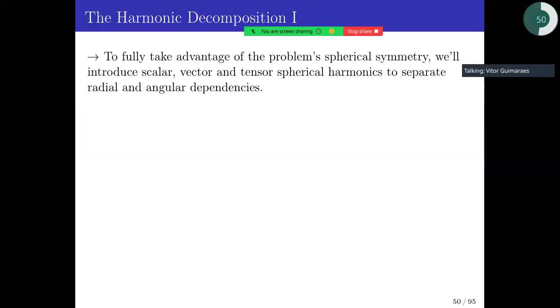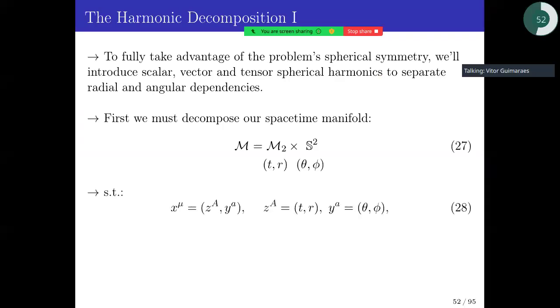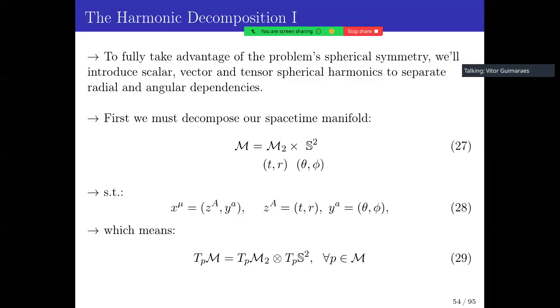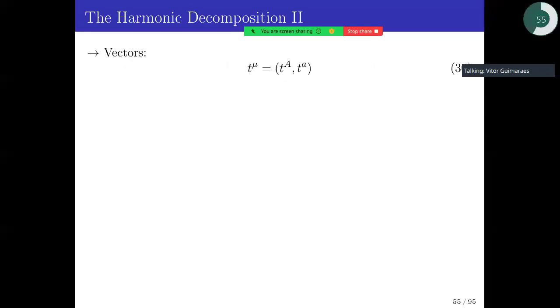We took advantage of this and broke our manifold into two manifolds, which means breaking up our vector spaces, our tangent vector spaces and so on.